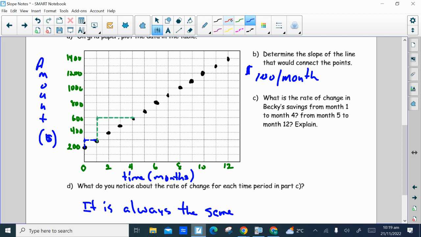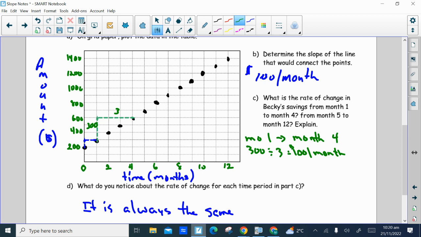This will be month 1 to month 4. You can see that you're rising 1, 2, 300 up, and you're running 1, 2, 3 months to the right. You see 300 over 3 is still 100, or $100 per month.